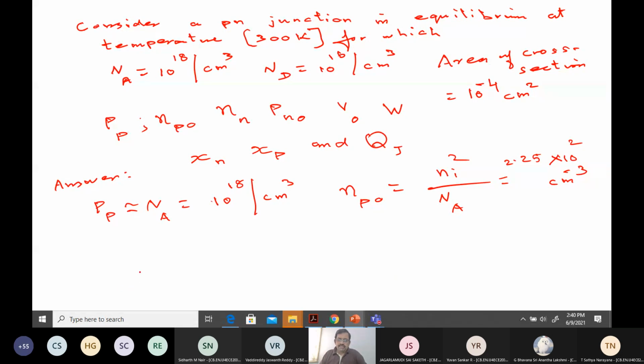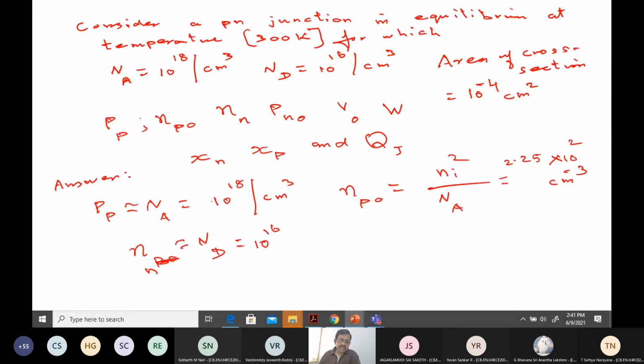Now, what about NN naught? NN will be the majority carrier electrons in the N region. So that will be equivalent to the donor impurity atoms concentration.